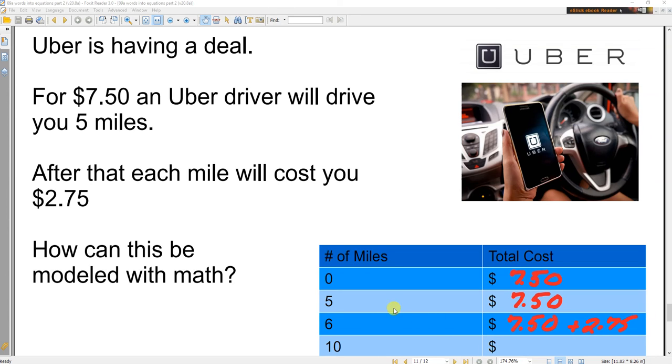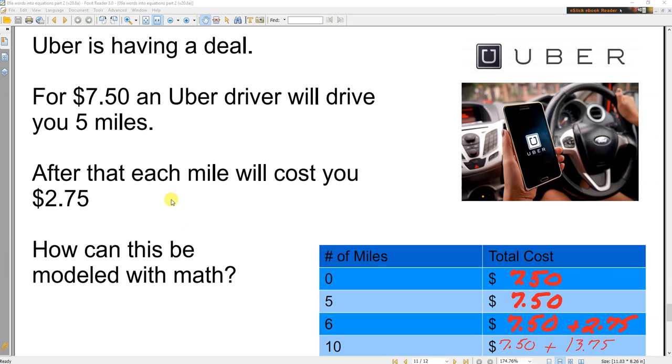And 10 would be $7.50 plus I have to pay for 5 more miles at $2.75, which is $13.75.